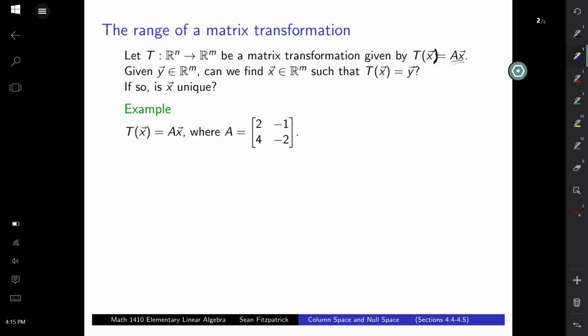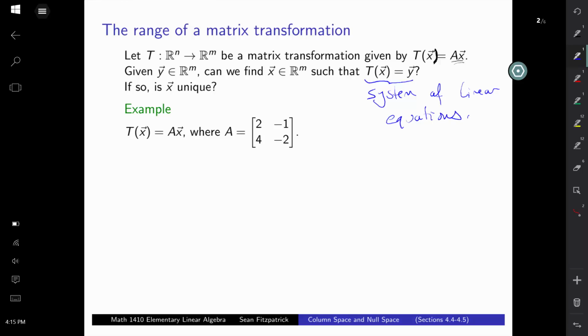So you might want to know, can you solve this equation? And this equation turns out to be a system of linear equations. Practically, the question of whether or not you can solve it is a question about solving systems of equations, and we need to develop some machinery for doing that.